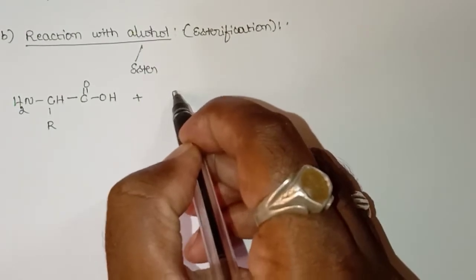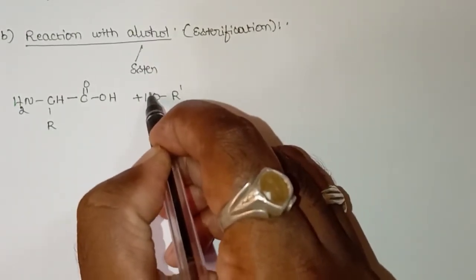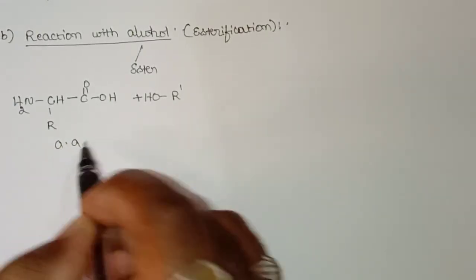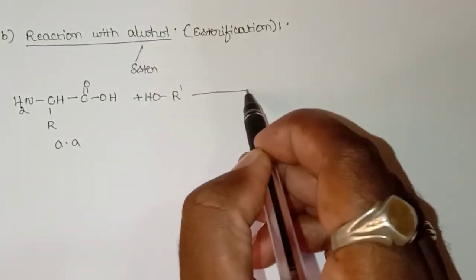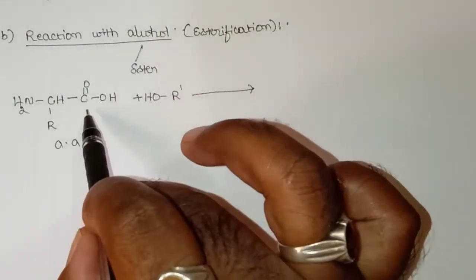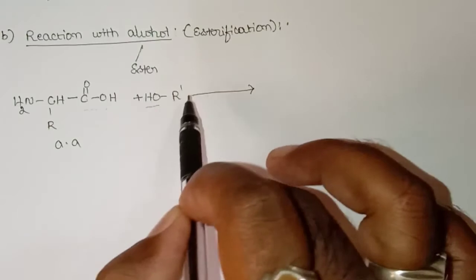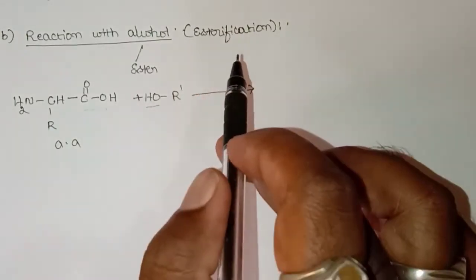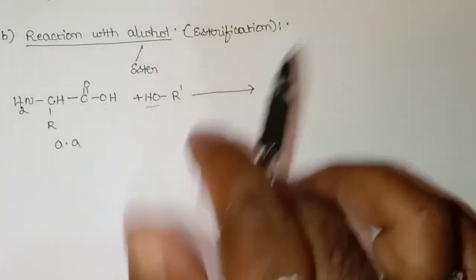So let me consider R' OH. This is the alcohol and this is the amino acid. Hope you are well aware, if we are performing an esterification reaction between a carboxylic acid and an alcohol, the presence of an acid is mandatory, provided the acid acts as a catalyst.